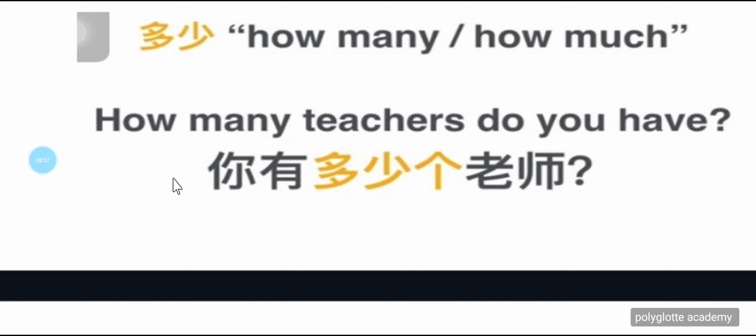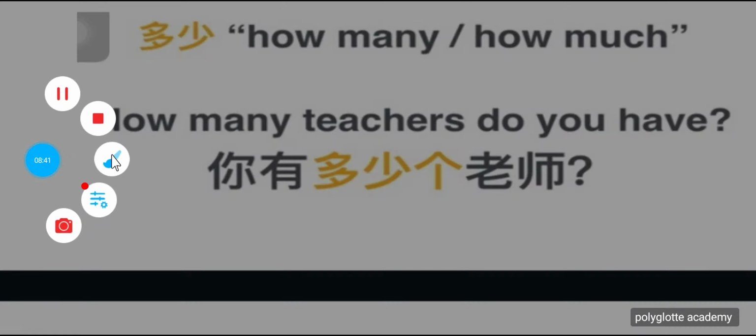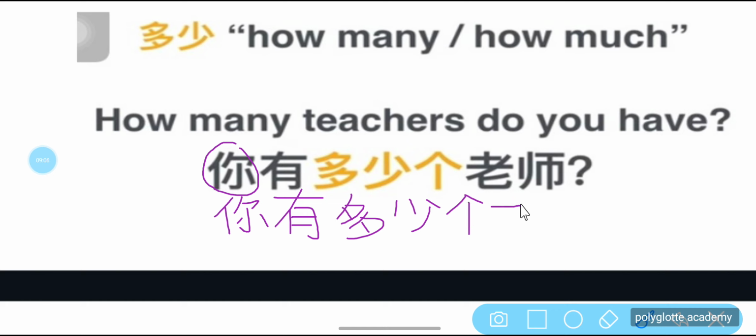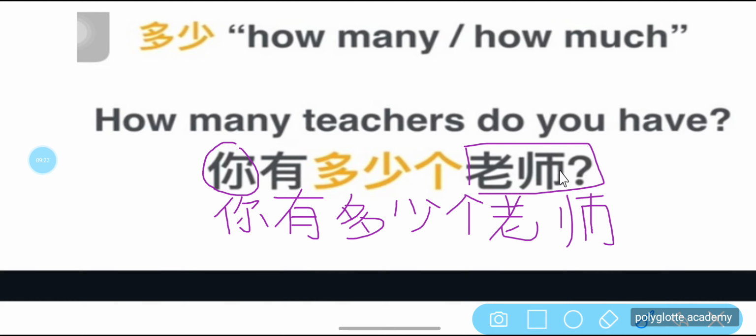The next one, we're having 你有. 你 means you, 有 is the verb to have. 你有多少个老师？How many teachers? 老师 means teacher.